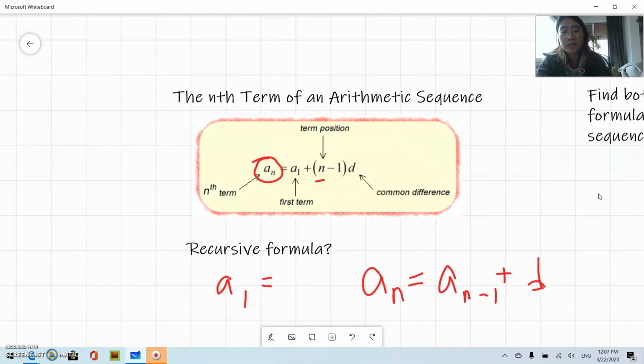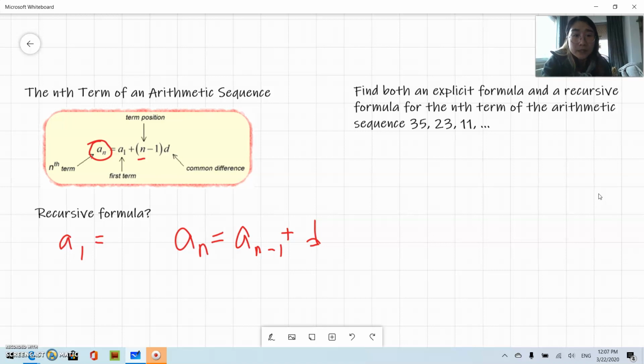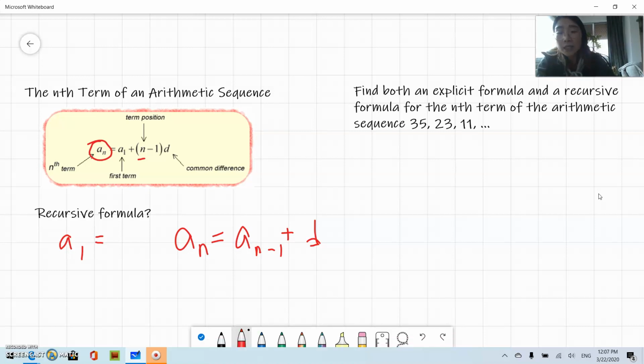So let's apply this in the actual problem here. It says find both an explicit formula and a recursive formula for the nth term of the arithmetic sequence. So it tells me it's arithmetic, so we just need to find a common difference. The common difference is found by 23 minus 35, and I think that's negative 12.